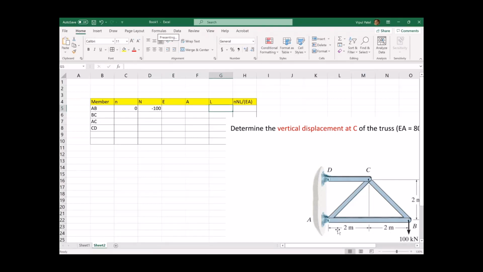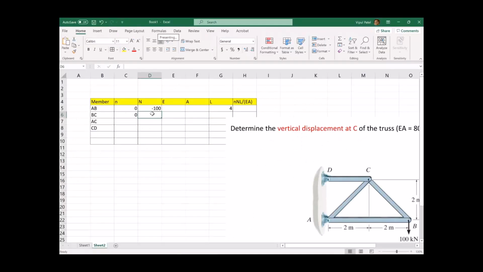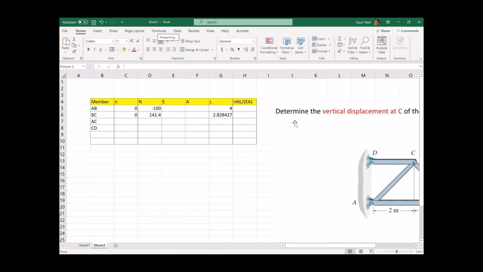For member AB we got 4 meters. BC is number 2, small n 0 again, and for capital N2 141.4. This one we're going to write, and this BC is square root 8. So 8 to the power of 0.5, you get this, right?